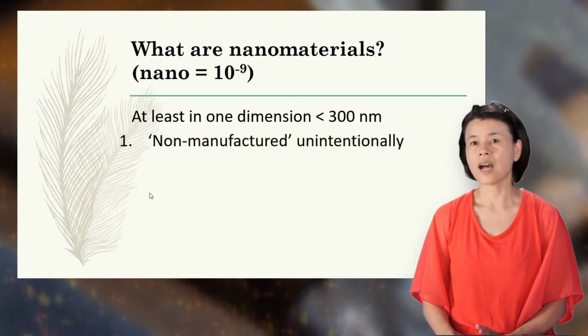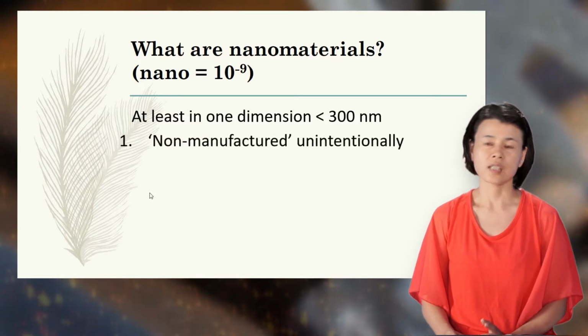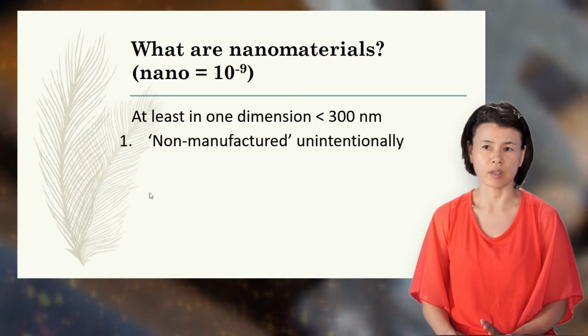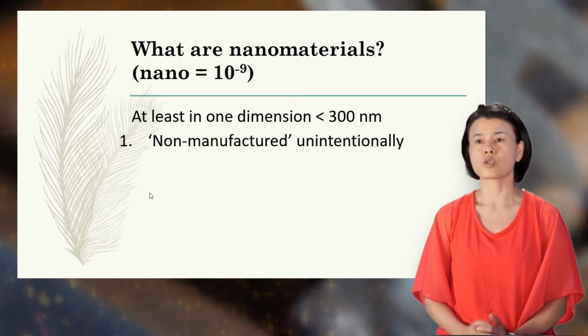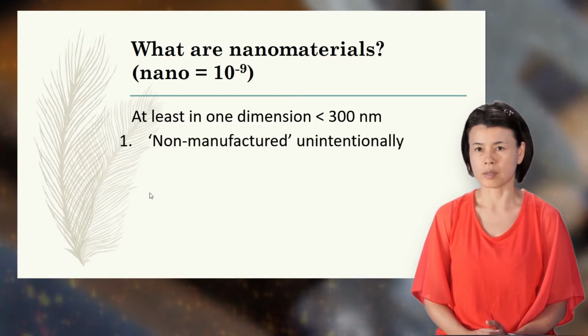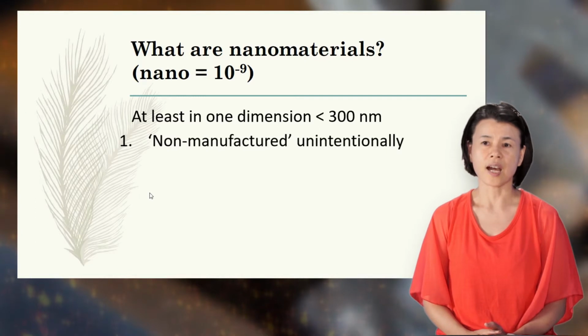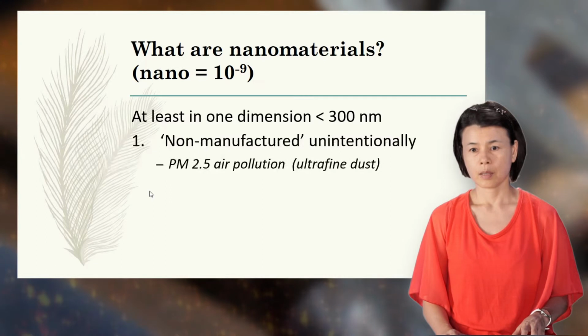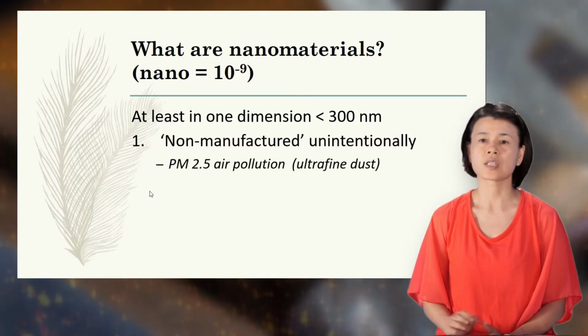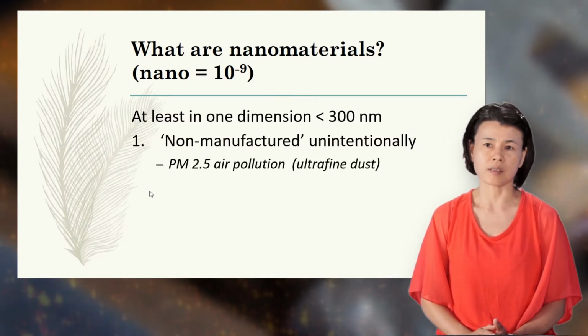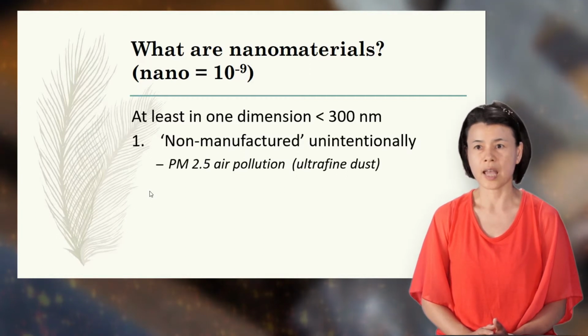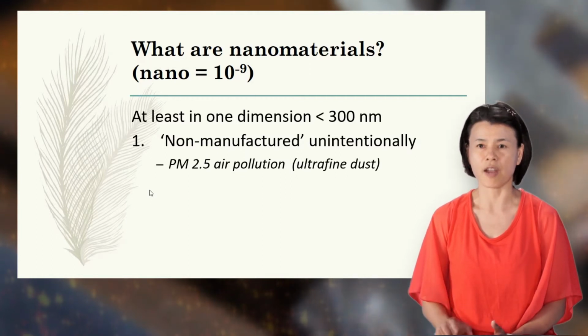One is non-manufactured. It is created unintentionally. Human beings don't produce them on purpose. Usually, they are just byproducts like PM 2.5. It's right now very famous because it's ultrafine dust from factories and causes the problem of air pollution.